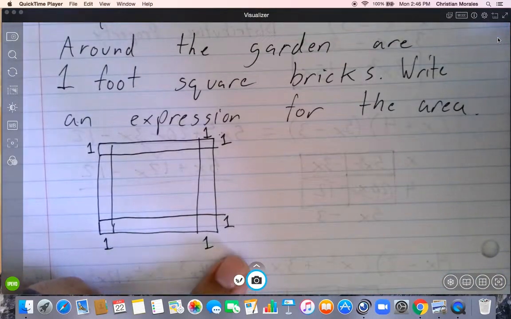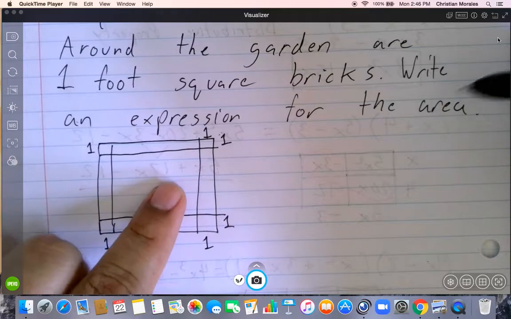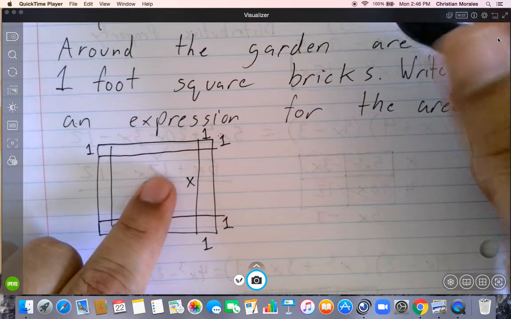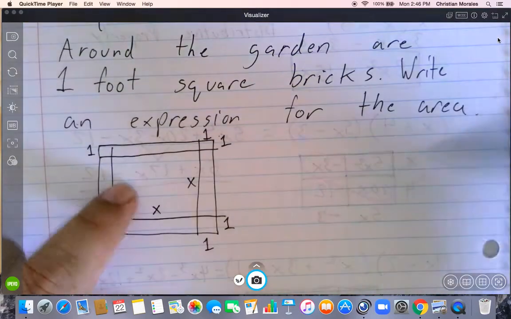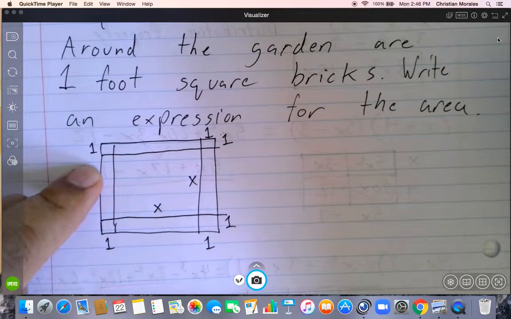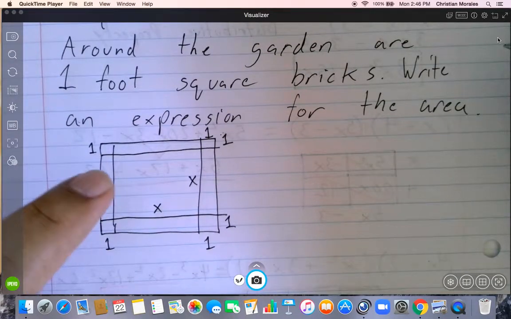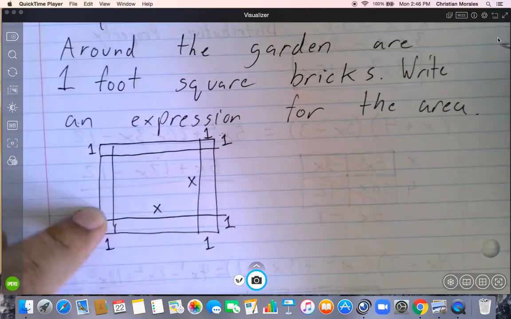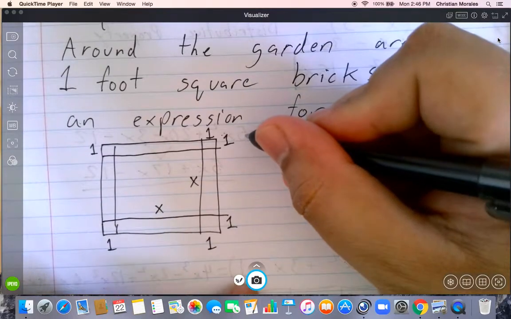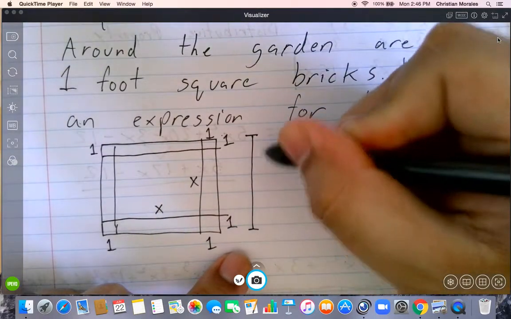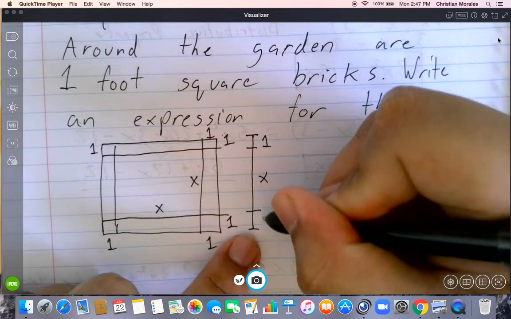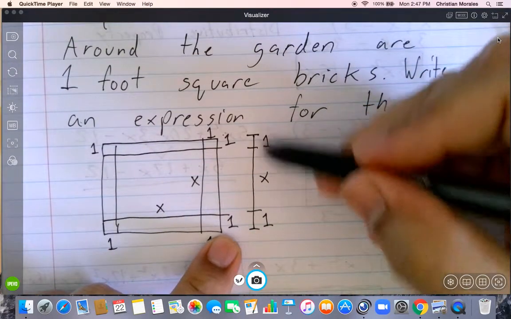So if they want an expression for area, but they don't tell me how big this is, I'm just going to put x here. And because it's a square, I know this is also x. So the area inside is x squared. But if I'm going to do the area of the whole thing, including the bricks, then my length is 1, x, and 1. That's how long that side is.